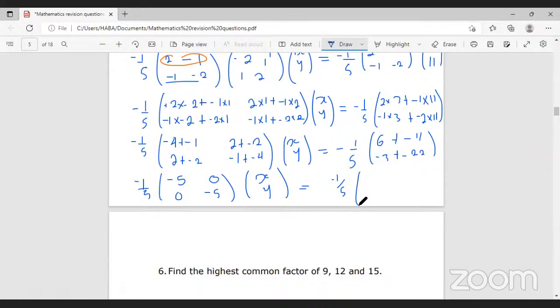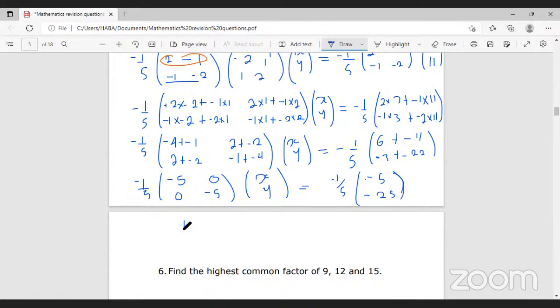6 plus -11. It is -5. Negative, teacher. Then -3 minus 22. It is -25. So this 5 is going to go with the negative, so this becomes 1.